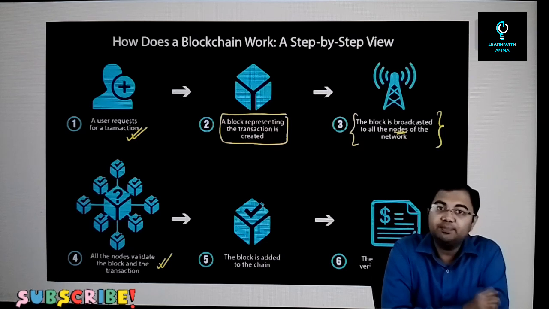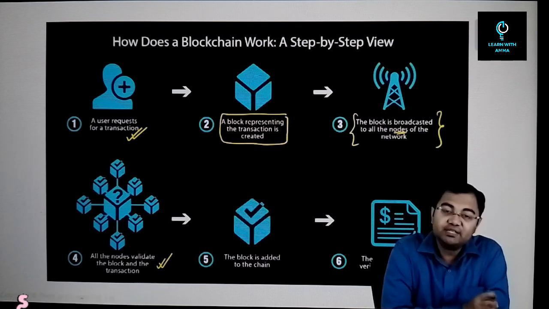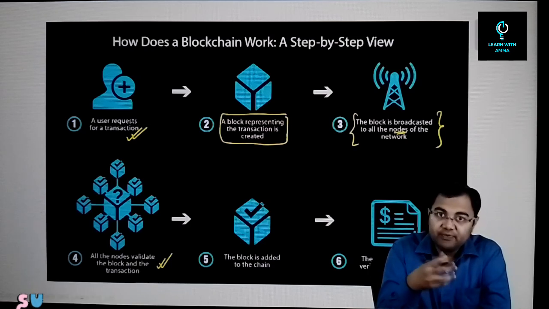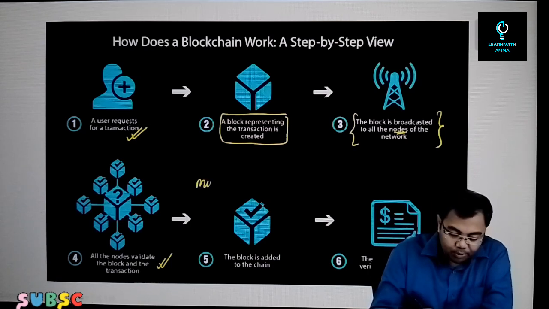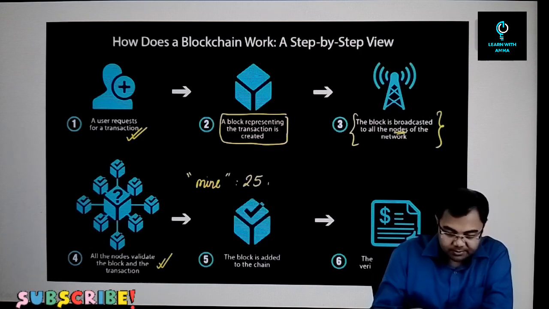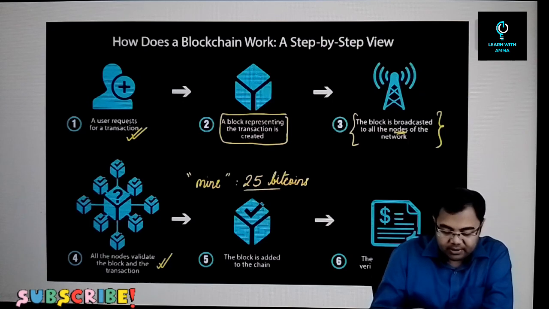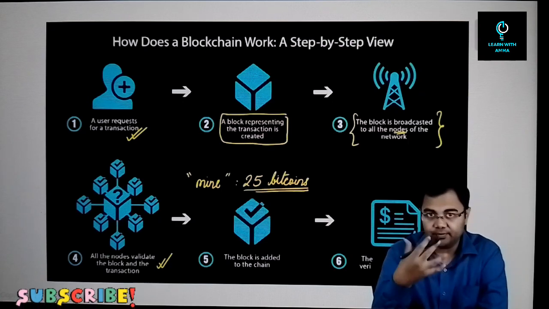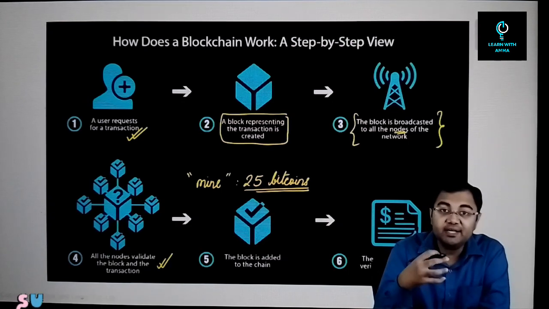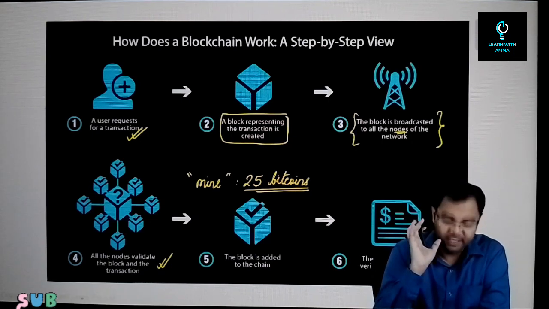So let's say it is a transaction of Bitcoins. In the case of Bitcoins, whoever is able to validate the block, or mine the block, gets 25 Bitcoins. So they are rewarded, and that's why they will try very hard to validate the transaction.